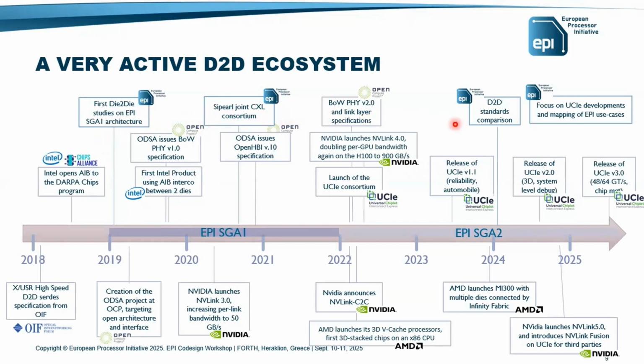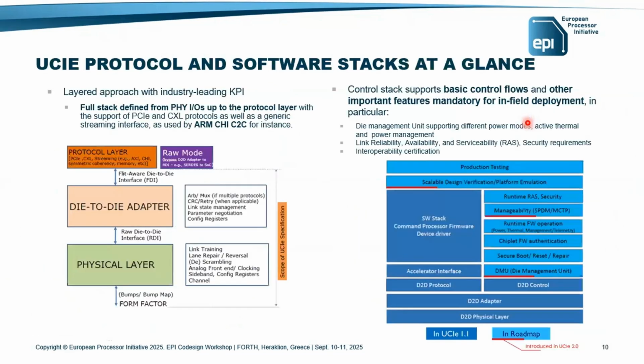Then we worked on existing standards by comparing them. At the end of the project, we are focusing on UCIe development, and we have made the exercise of mapping the EPI use cases onto UCIe. We talked about that this morning.